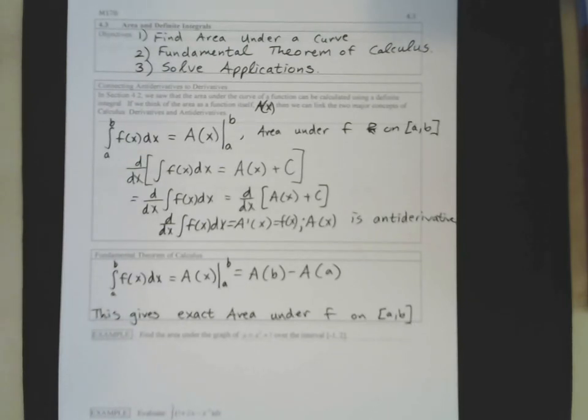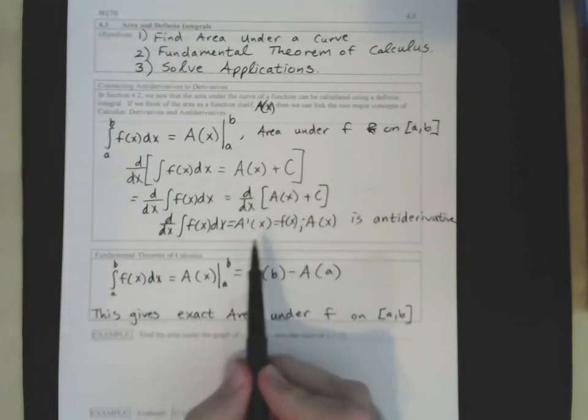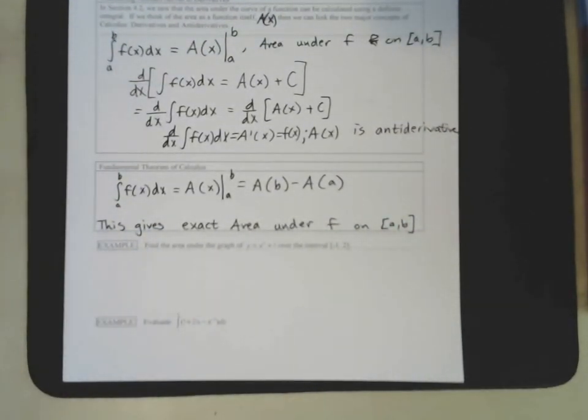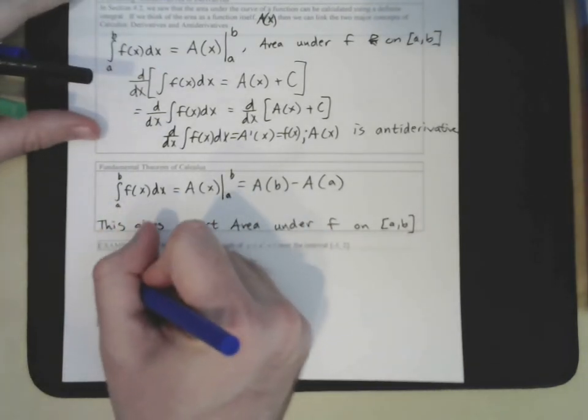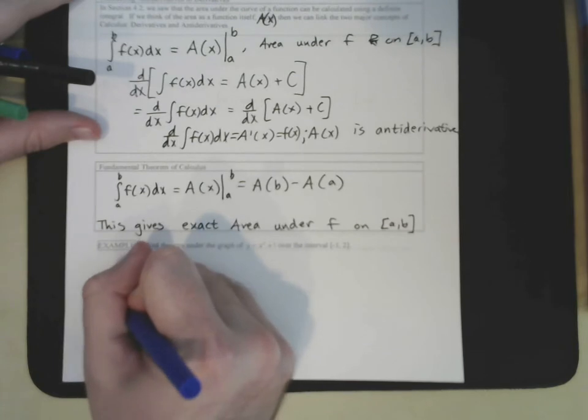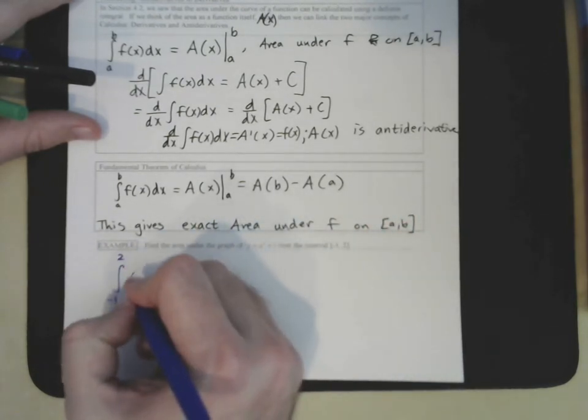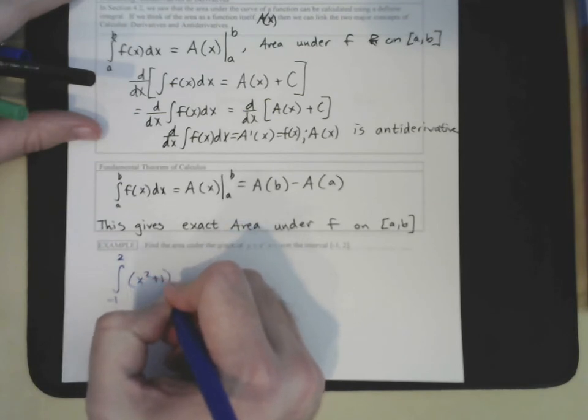Now this isn't the only part of the fundamental theorem. There is a second part that we'll discuss, and that is this part here. But for now, let's just use this. So if it says find the area under a graph, like in this next example, we know that we're setting up the integral from -1 to 2 of x squared plus 1 dx.